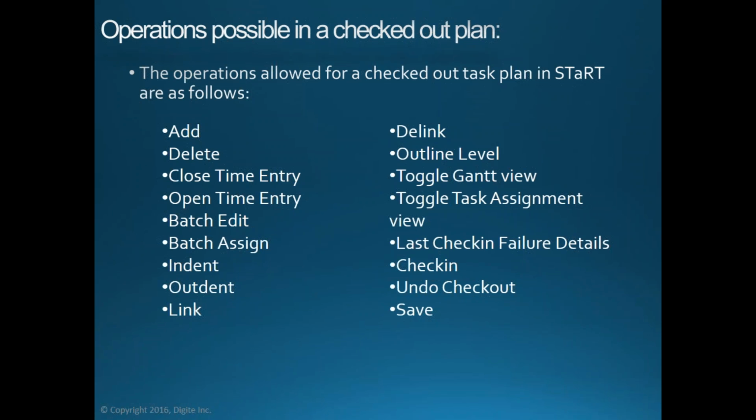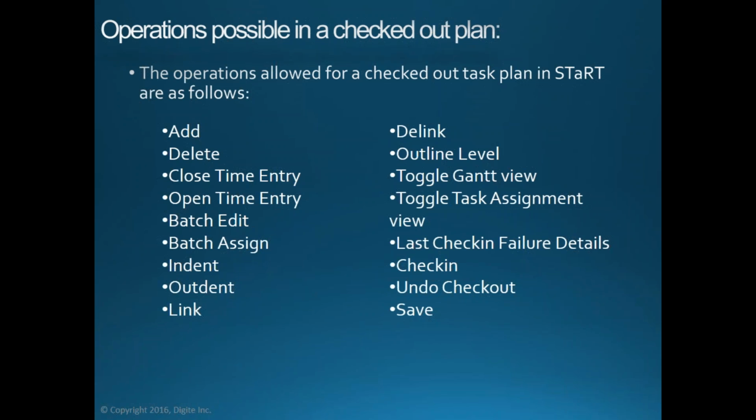You can check the outline level. What does outline level mean? It means what are the various subgroups or sub-categories of the task within the plan. You can toggle between the Gantt chart and the task assignment panel view. There is also an option to see my last check-in failures. So whenever I've planned my schedule and I want to check in, and if for some reason the check-in fails, I'll come to know what was the reason behind that.